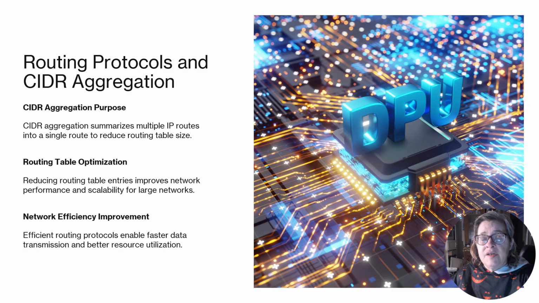Routing protocols use CIDR aggregation to summarise routes, reducing routing table size and improving network efficiency and scalability. CIDR aggregation summarises multiple IP routes into a single route to reduce routing table sizes. Reducing routing table entries improves network performance and scalability, and promotes efficiency.